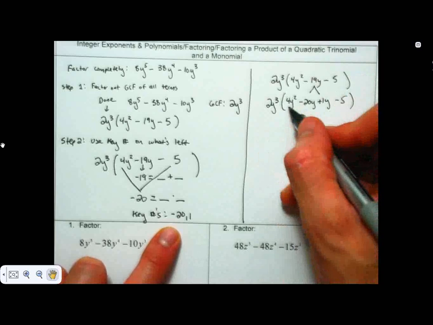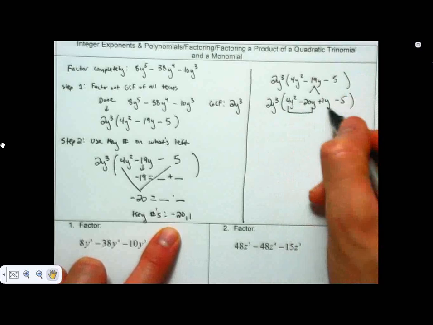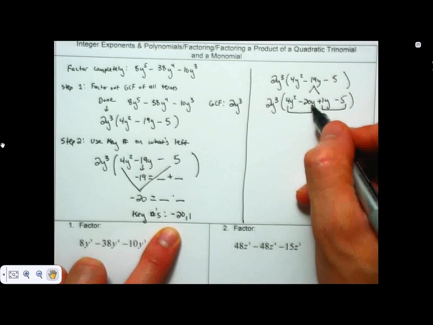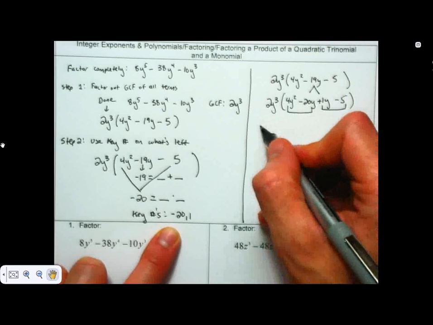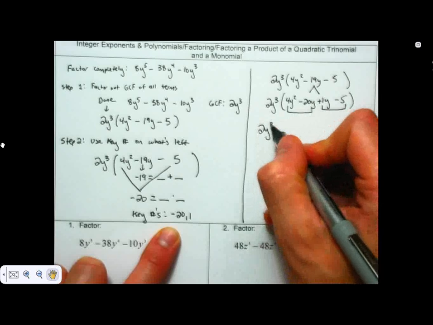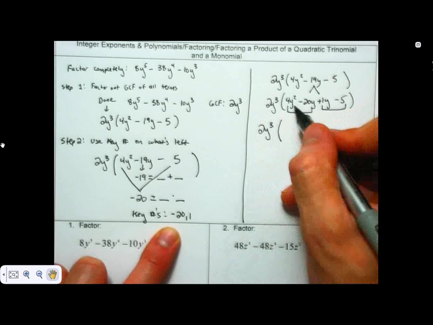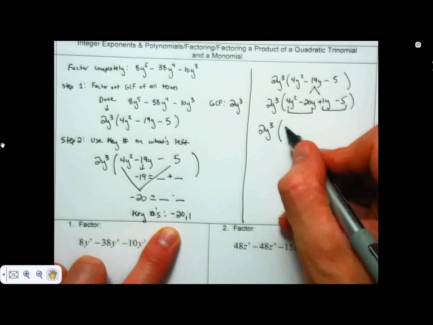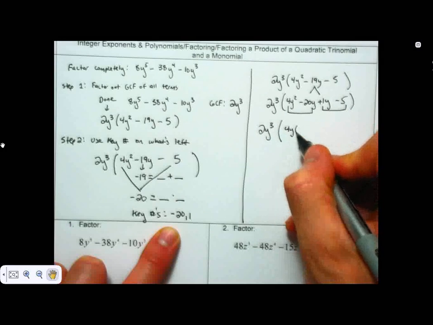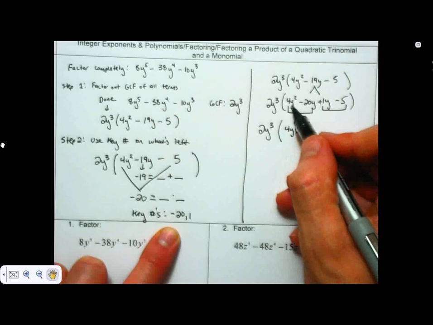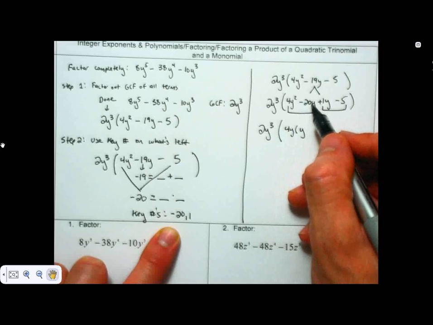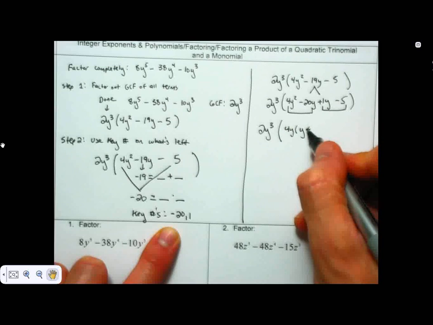And now looking at the inside part, remember I don't care about the 2y to the third, so I'm just looking at the inside part. And I just want to factor each group on the inside. So looking at the first group, well, I can definitely factor a 4y out of each of those terms. So when I factor 4y out of the first term, there's a y left over. When I factor out a 4y from the second term, I have a minus 5 left over.